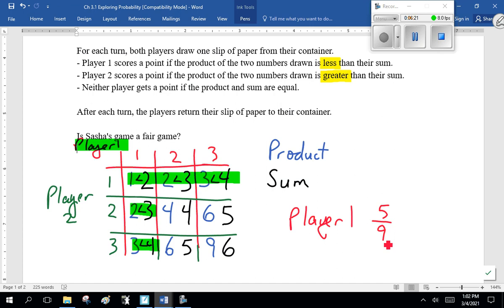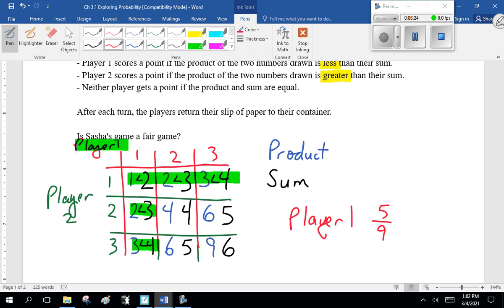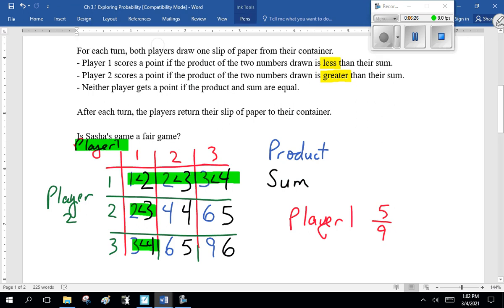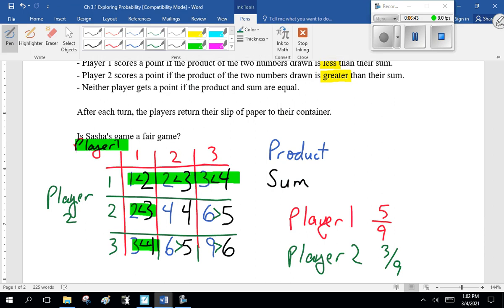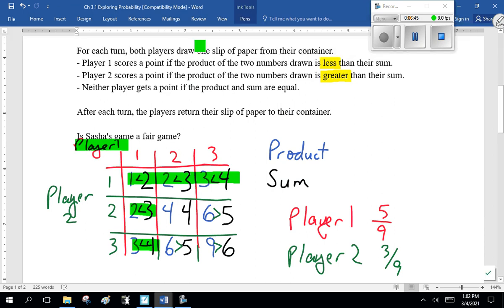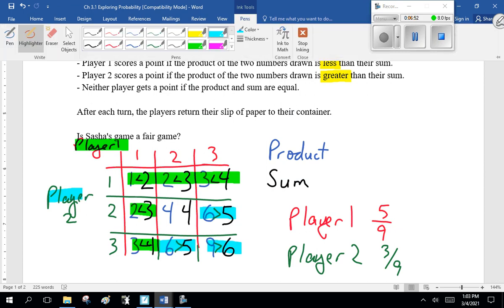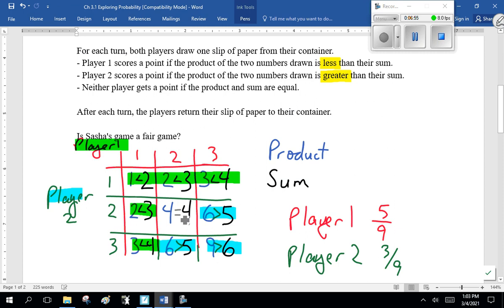Okay, just double checking my math because dumb things happen. And then player 2 wins when the product is greater than the sum. So that's here, here, and here. Player 2 wins 3 out of 9 times. And then we have one tie, where nobody wins.